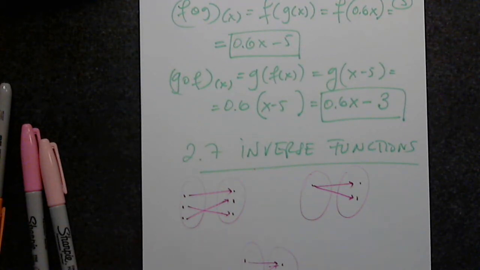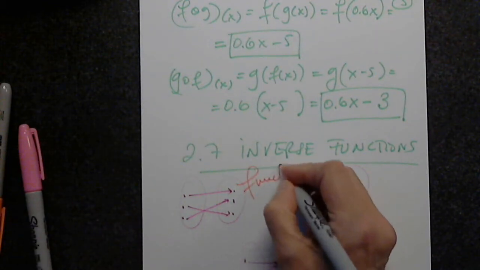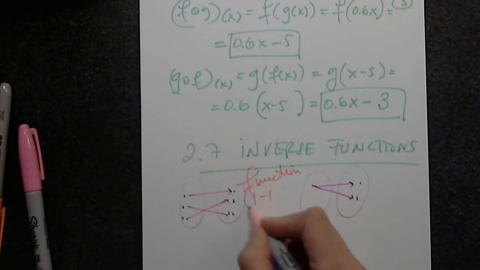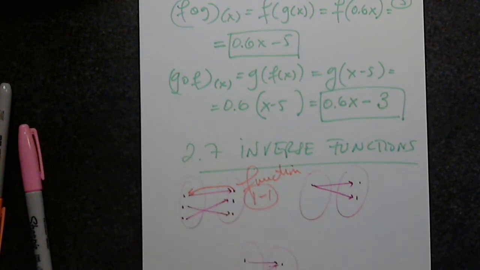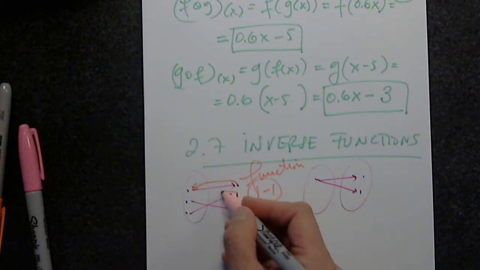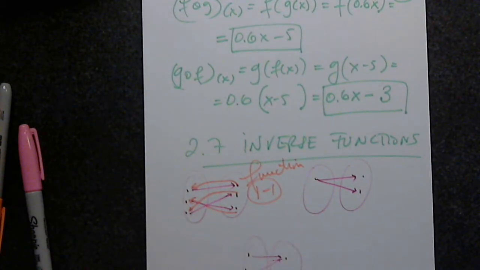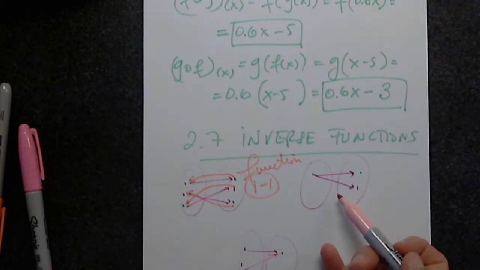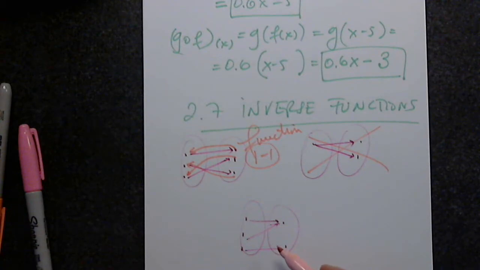What did we say? It is a function, and also one-to-one, because to each y corresponds only one x. What did we say about this? Perfect. What did we say about this?